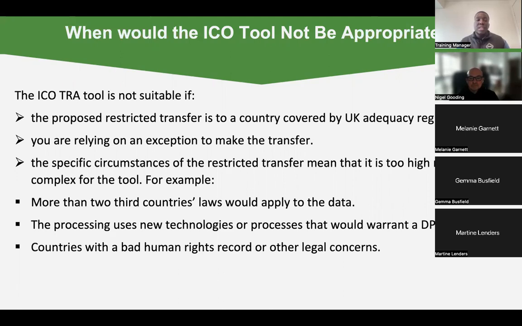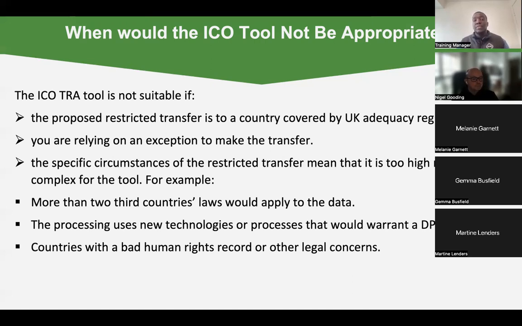For instance, where you are going to be transferring data that is intended to be transferred onward from the importing country. You are going to be transferring data that would require a DPIA by virtue of the fact that it's going to be using new technologies or processes. For instance, if you're signing up to a new robotic process automation system for your organization, to process patients or customers or some other sort of service, then that tool would not be ideal for that purpose.